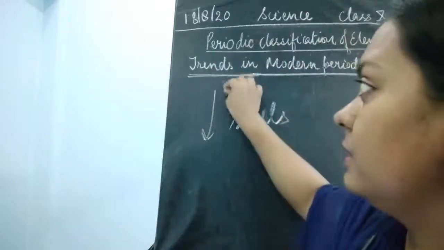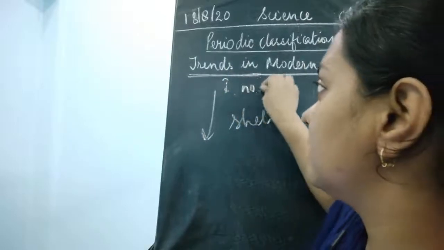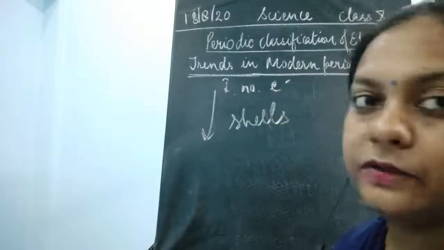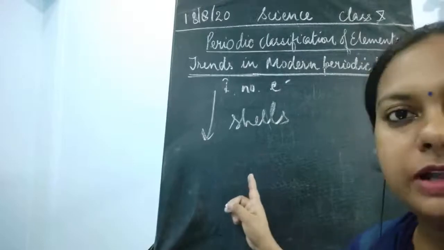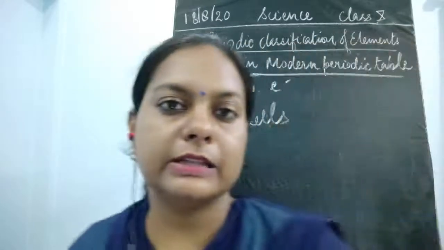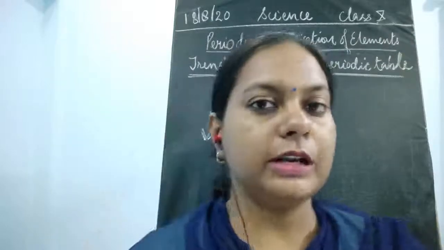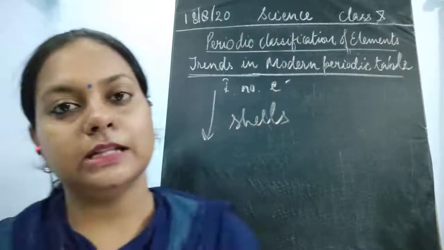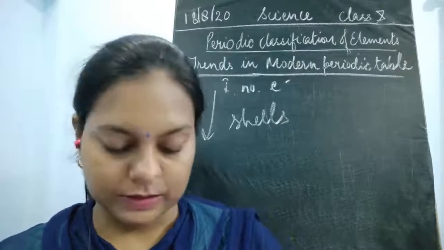If we talk about the first group, the first group elements will have 1 electron in the valence shell. The second group elements would all have 2 electrons in the valence shell. Similarly, the third group elements would have 3 electrons in the valence shell.